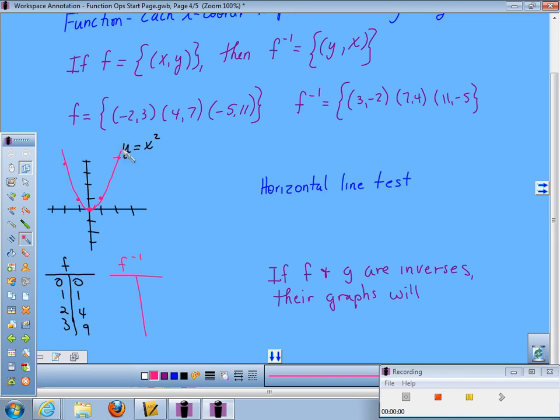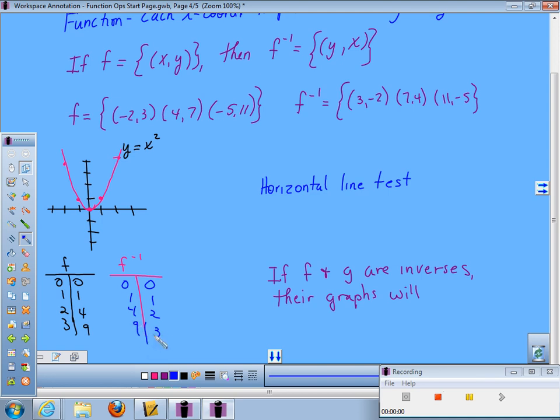My question to you is, what will happen when we plot its inverse? And how do I find the coordinates of its inverse? I simply switch these coordinates. (0, 0), not much difference. (1, 1), not much difference. (4, 2), (9, 3).